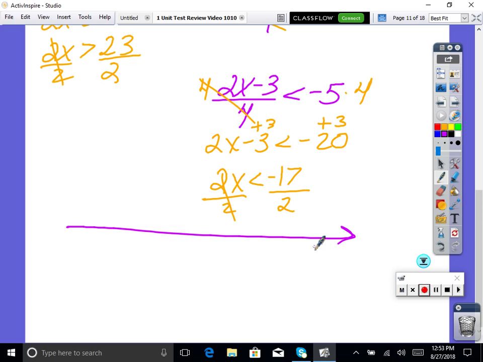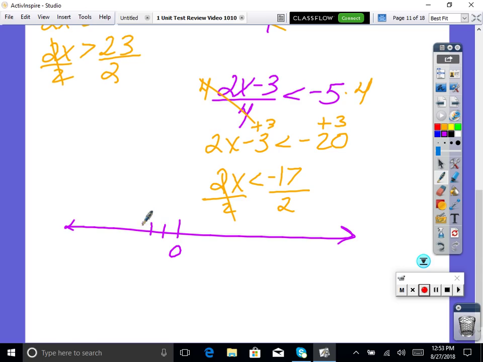So on a number line, if we were to graph this, we have a negative 17 halves. If you needed to know where that was located, if there was tick marks, you would do 17 divided by 2 in your calculator, like a basic calculator, so you can know exactly where that is. 17 divided by 2 is 8.5. So this is actually negative 8.5.